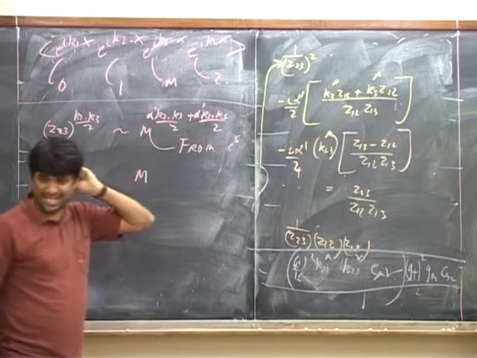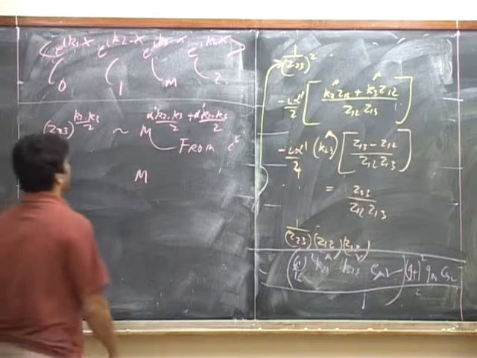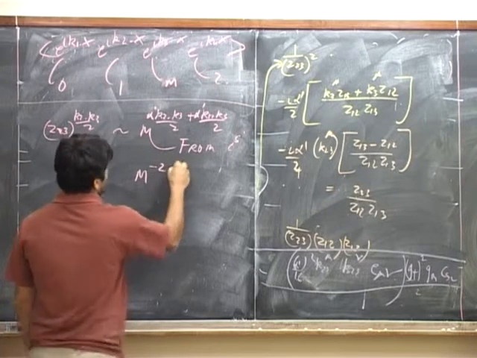And so each of these is, as you said, minus 2 by alpha, as we've seen before. So we get m to the power minus 2.